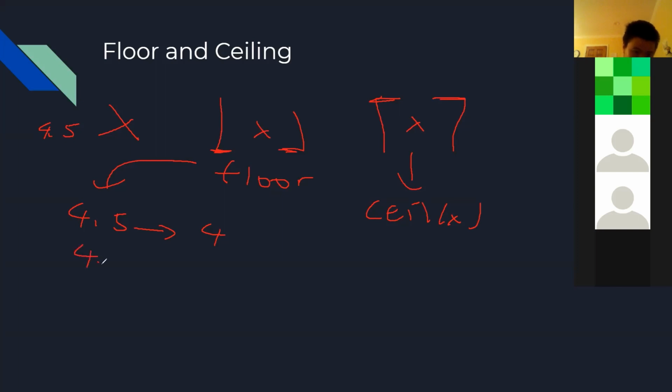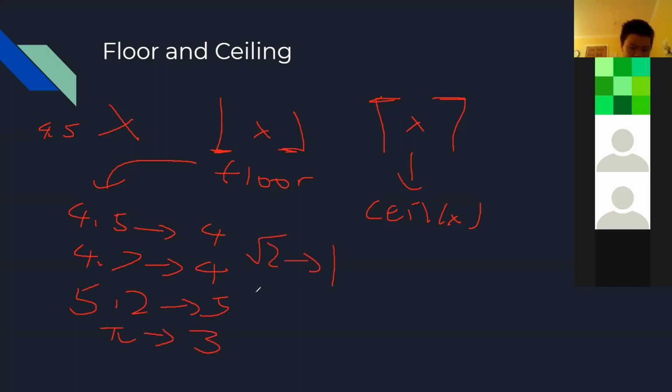So 4.7 goes to 4, 5.2 goes to 5, pi does not have to be rational, goes to 3, square root 2 goes to 1, square root 5 goes to 2. And for the last case, 4 becomes 4 since it rounds down to the nearest integer, which is 4.